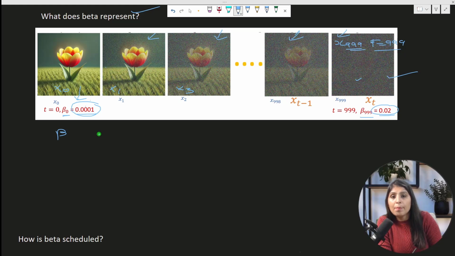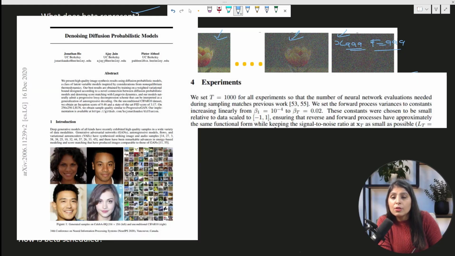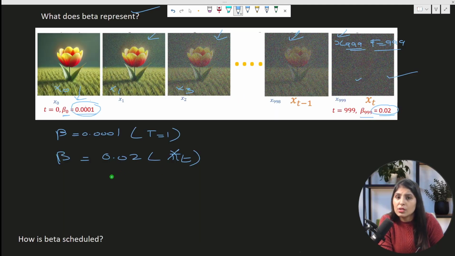Because in the paper the authors decided to go with the value of 0.0001 for the first time step, and beta value they have chosen 0.02 for the final time step. So that's why we have written this.